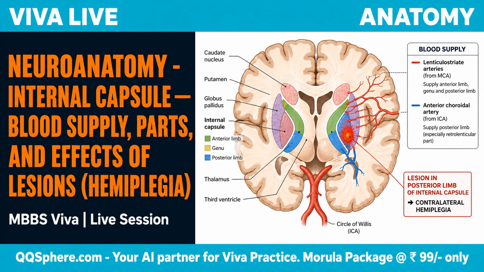Now, thinking about a clinical context, what would be the typical presentation of a lesion affecting the posterior limb of the internal capsule?